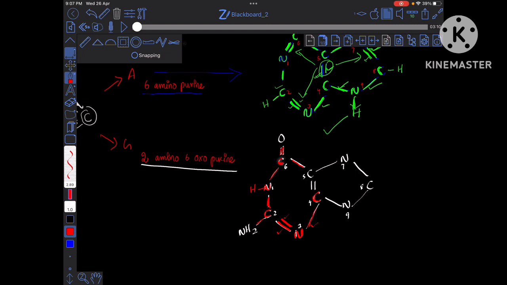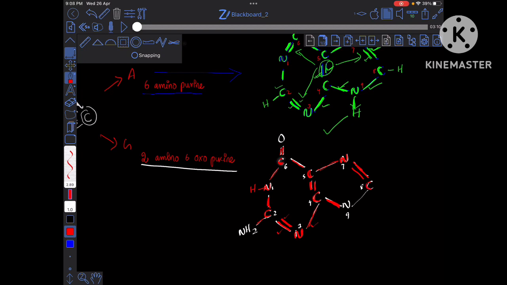1, 2, 3, 4. Same with respect to the fifth nitrogen atom. With respect to the seventh nitrogen atom, the valency is not filled. So we can add a double bond here.